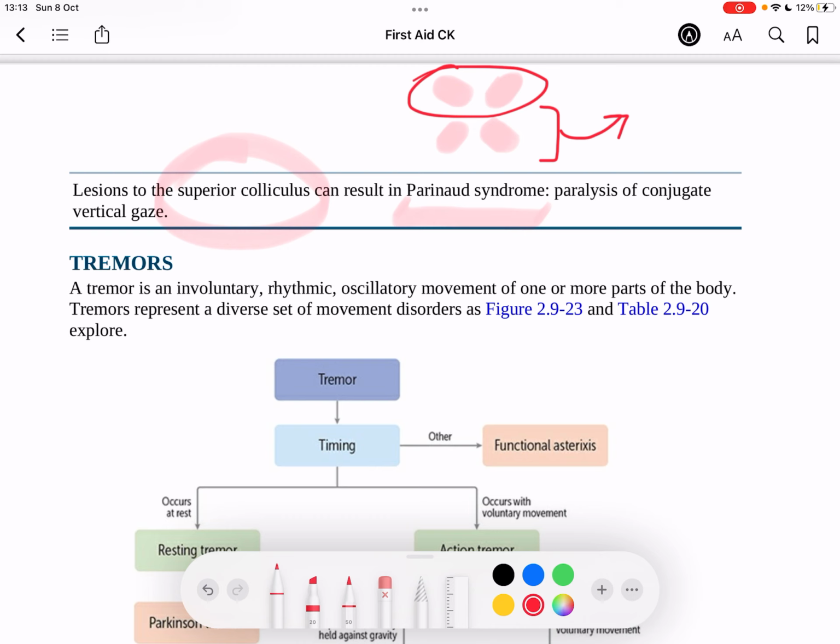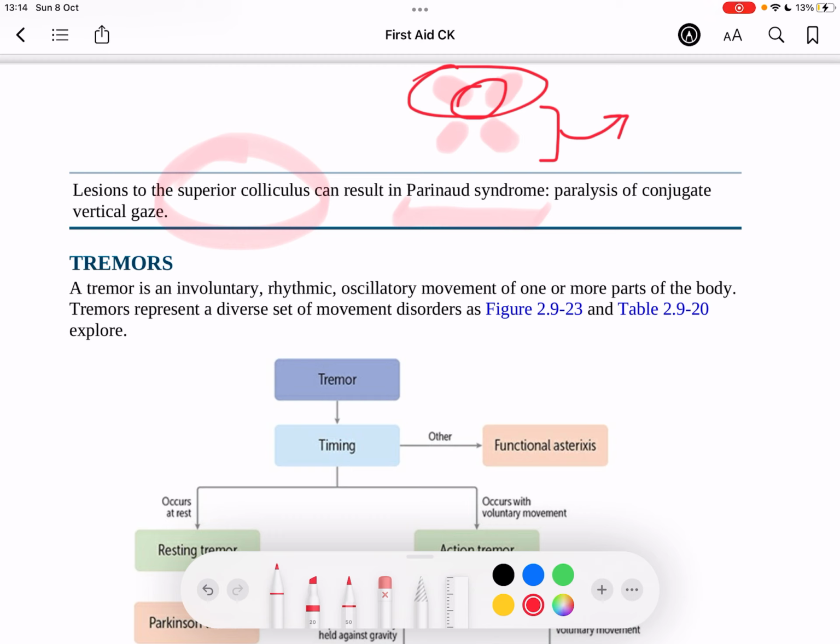So if you have any lesions in the superior colliculus, this can cause something called Parinaud syndrome. And Parinaud syndrome is where patients have a paralysis of vertical gaze. They also have usually other symptoms, and these symptoms can include eyelid retraction, and they also have the inability of the pupil to constrict during the light reflex, but yet they keep their pupil constriction during accommodation.